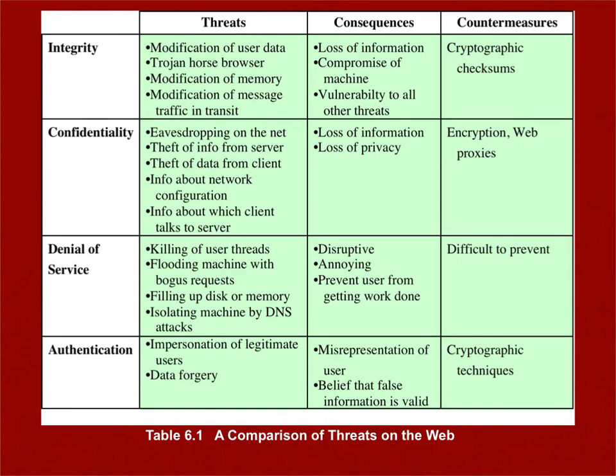Again, Trojans are part of integrity or active attacks. You can change the JavaScript itself to allow the user to get into a different link, a different website, and hence you can leak some information.